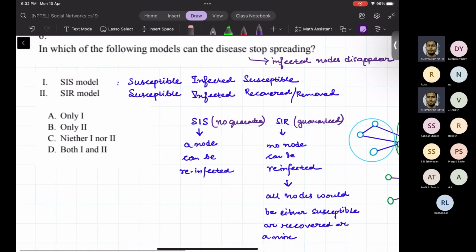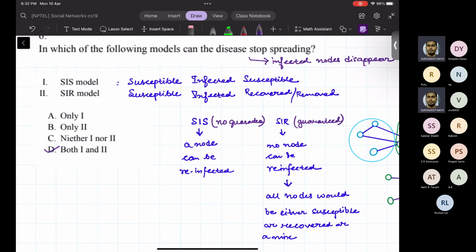So in such a case, both 1 and 2 will be the correct answer, because if we write only 2, it says that in the SIS model the disease will always continue to persist, but that is not the case. It depends on the duration of infection and the network structure as well.